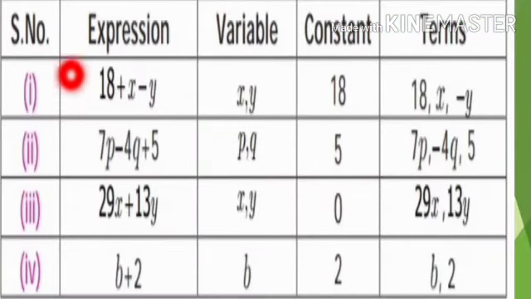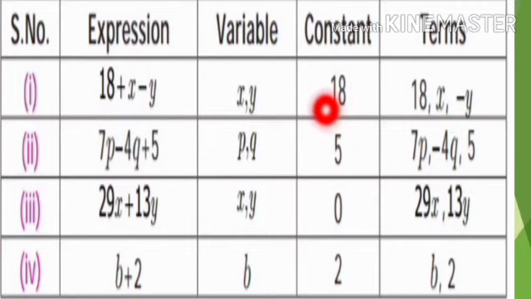So students, now prepare a table and write down all the expressions. Here in the first expression, which is the variable? A variable is a letter representing some unknown. So here the letters are x and y, so x and y are variables. And which is the constant?